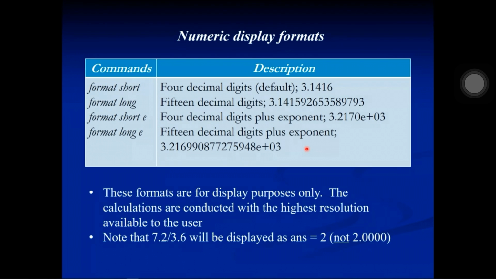But if we use the default, that would be format short, format long, format short E, format long E, meaning that we can control it, but still it's under these two possible formats, right? Whether it's 4 digits after the decimal point or 15, it's still at least partially under your control.